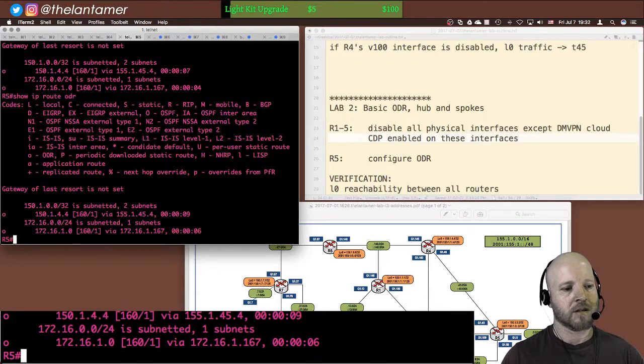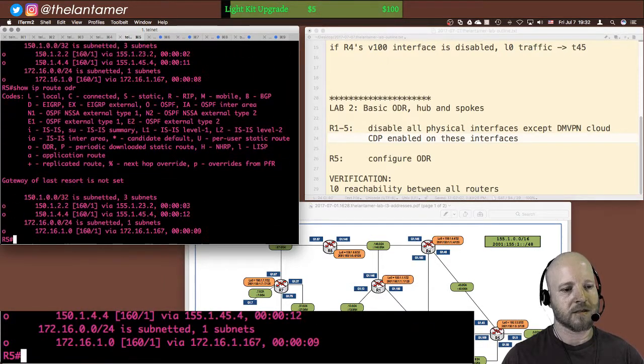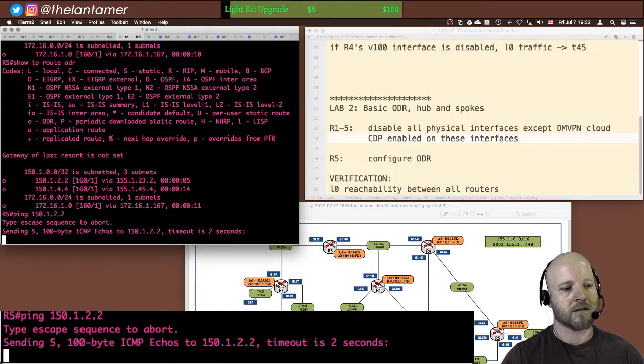I don't know where the heck I'm getting 172.16. Do I have to source this? I bet I have to source this from the loopback.